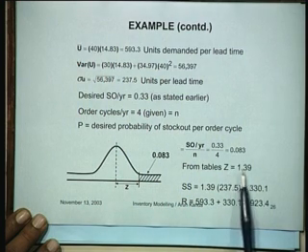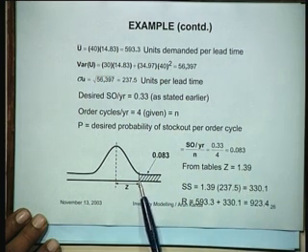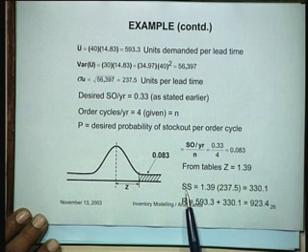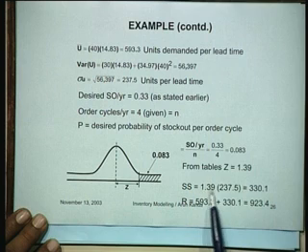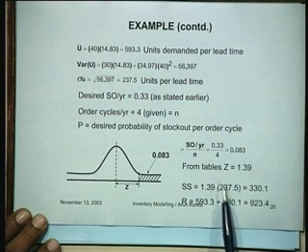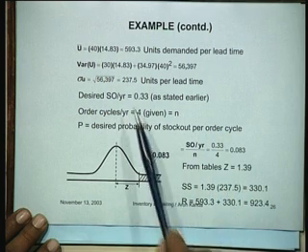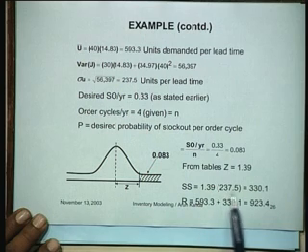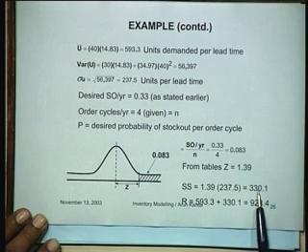Then from standard tables you can say Z is 1.39 for this, and therefore the safety stock will simply be 1.39 times 237.5, which is the sigma U value here, and this comes out to 330.1.